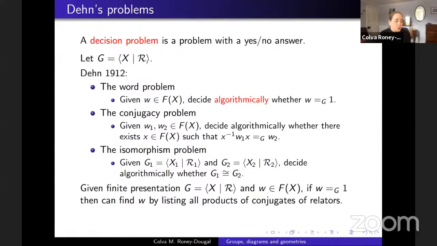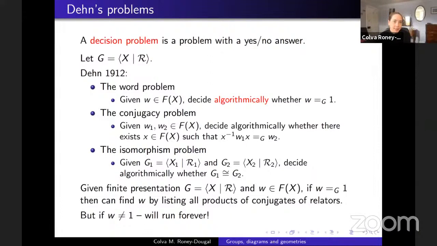Or is it a product of 2 relators? Or is it a product of conjugates of a single relator by 3 letters? Or product of 2 relators by 2 letters, or whatever. I could work my way out, and eventually I would find something which was equal in the pre-group to W. Unfortunately, if W is not equal to 1, then this process will never terminate. So I can get a yes this way round. I want a yes or a no, but I can't get a no. So there's an obvious one way round to do it.